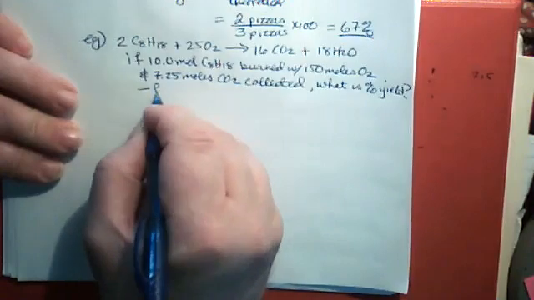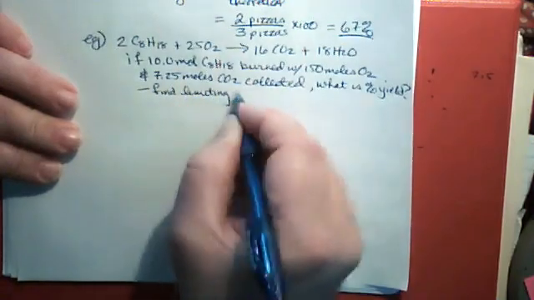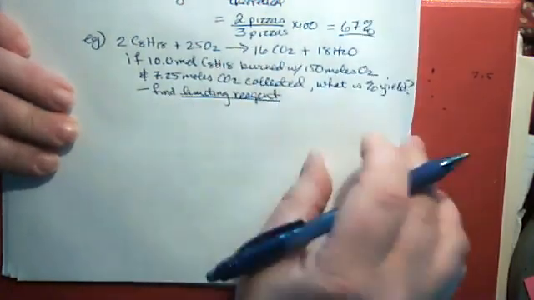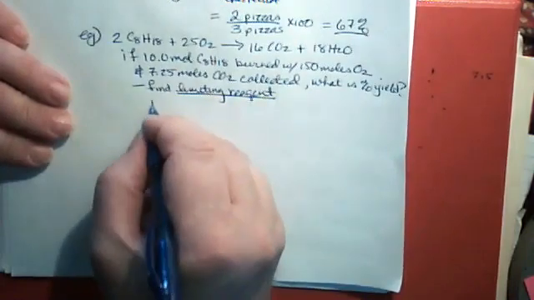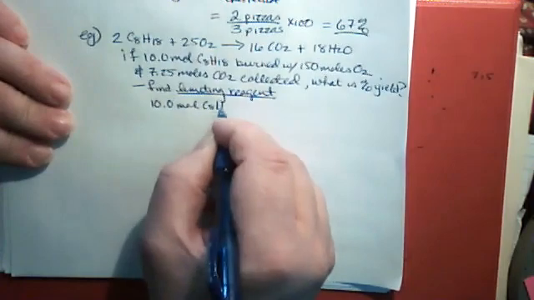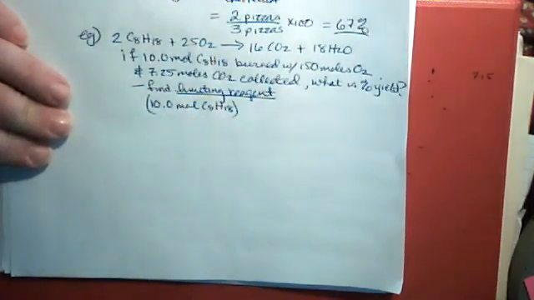Okay, so the first thing you have to do is find the limiting reagent. And for that, again, I think it's best just to take the amounts of the reactants and find out how much product you can get from each of them by itself, ignoring any other reactants.